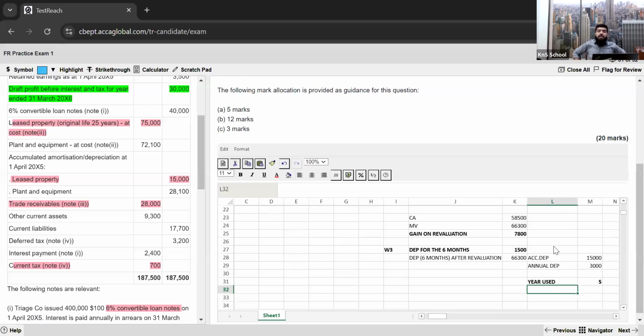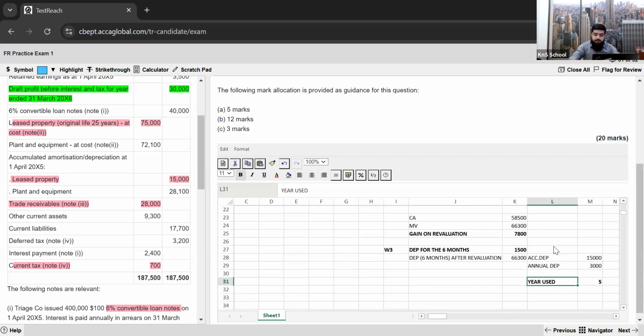So we have used that asset for 5 years. That 15,000 accumulated depreciation shows that we have already used that asset for 5 years. So that is the number of years. 5 years we have already used and 6 months for the current year.